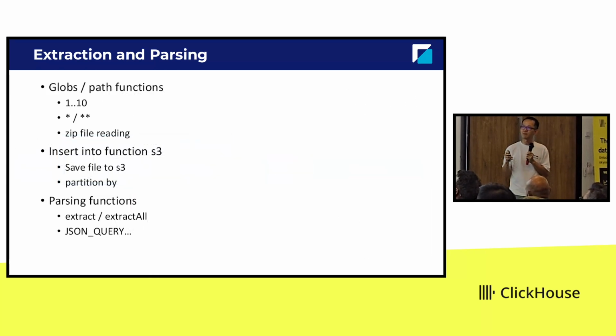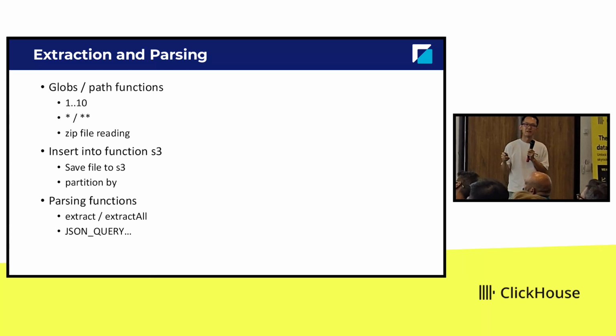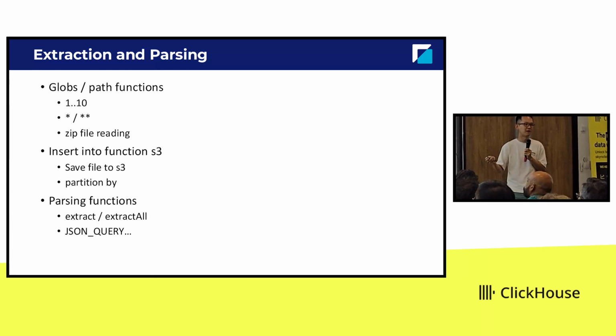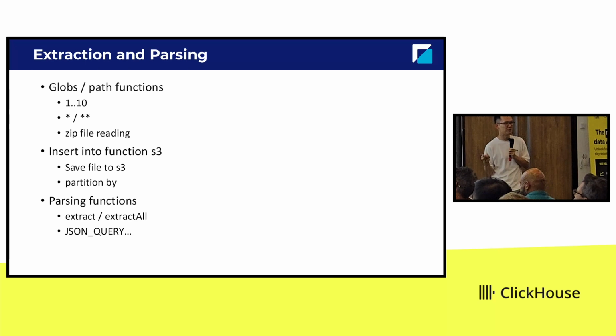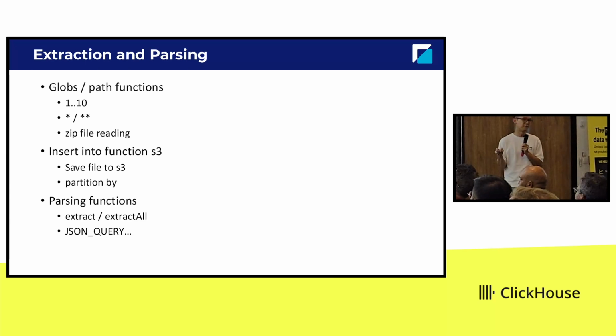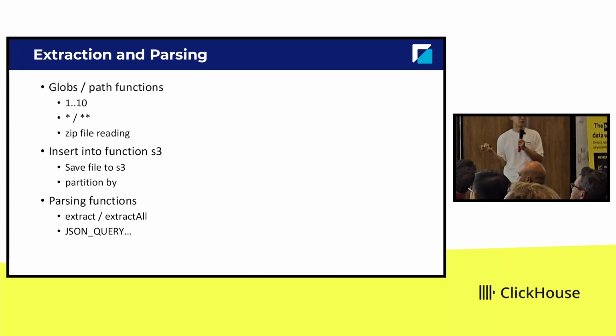Some of the features that we really like about ClickHouse is the glob function in the extraction and parsing feature that we are using. You can have a range, like 1..10, so that is a range from 1 to 10 if you want to pass 10 files or 10 websites. Later on I'll be showing you how we use the URL engine, which is quite a good thing in our opinion. And of course, the star and the double star signify the wildcard for files and also folders.